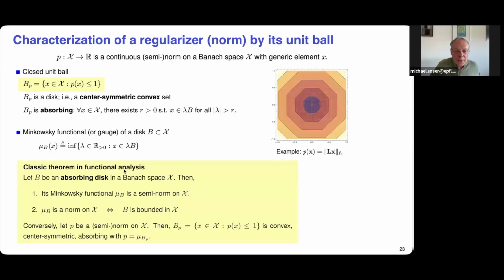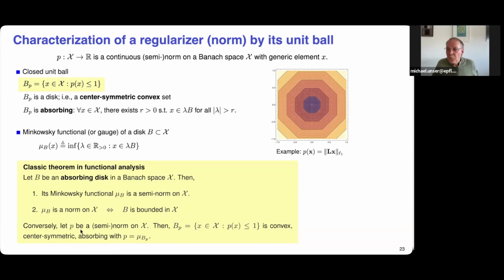And then there's a very nice classic theorem in functional analysis. It tells you, if you have an absorbing disk, with those relatively weak properties, the Minkowski functional will necessarily give you a semi-norm. Now, if your convex set is bounded and center symmetric, then the Minkowski functional will necessarily give you a norm.